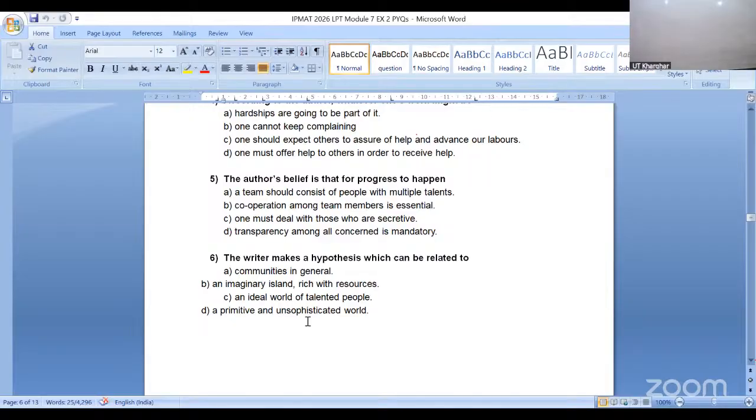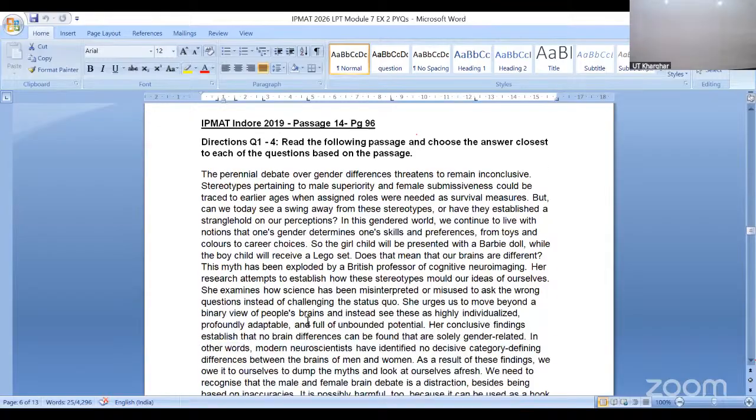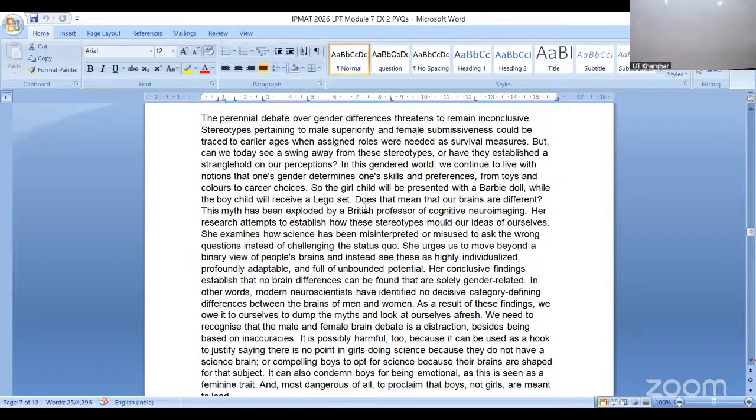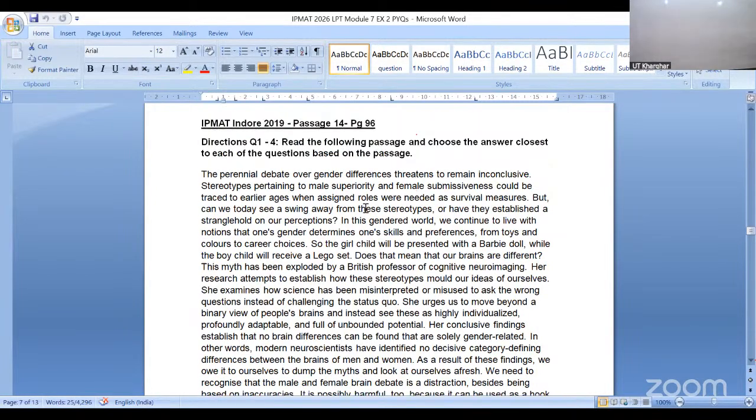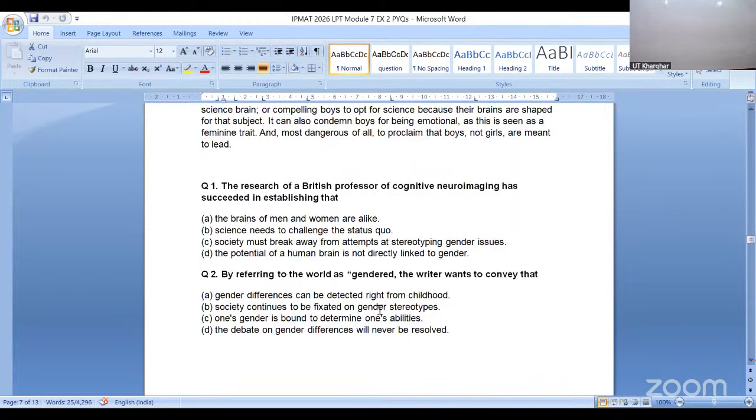Let's go on to the next passage, passage number 14. It is the next passage on page 96. Try to do this. So Parth, how will you deal with this passage and the questions? First we'll have a look at the questions, and then go through the passage instead of reading word by word.